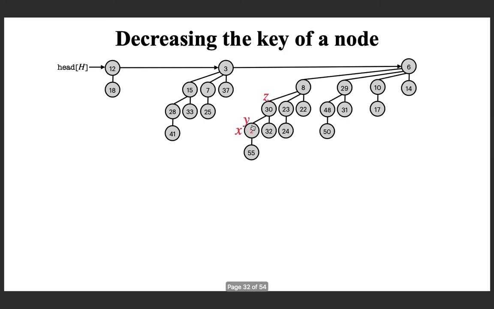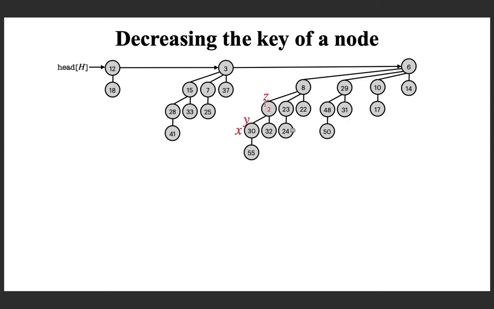So what you can do is, by using two other pointers, z and y, where z is always pointing to the parent of y, you check whether the value at the parent is less than or equal to the value at y. If that is not the case, as in this particular example, you interchange the values. So I interchanged the values of these two nodes.